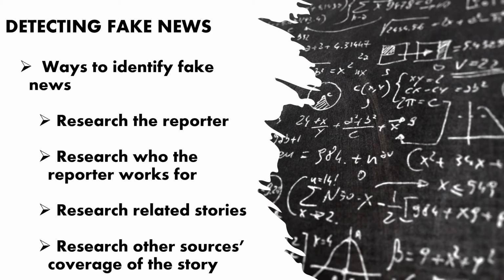Also, research who the reporter works for. Look at the mission statement. Ask the same types of questions about the reporter's employer and their mission as you do about the reporter. Finally, you can research related stories. Look to other sources for coverage of the same topic or related topics. What information are they presenting? How are they presenting it? What conclusions have they come to?